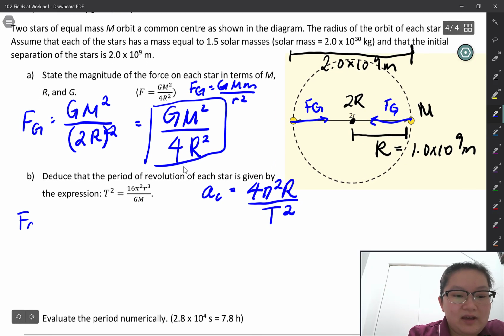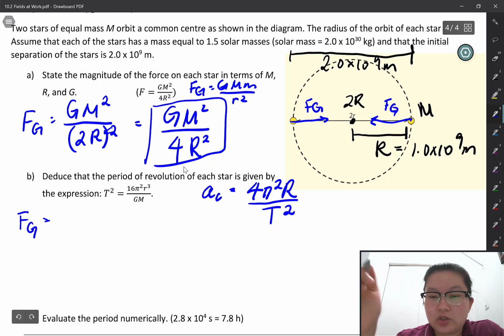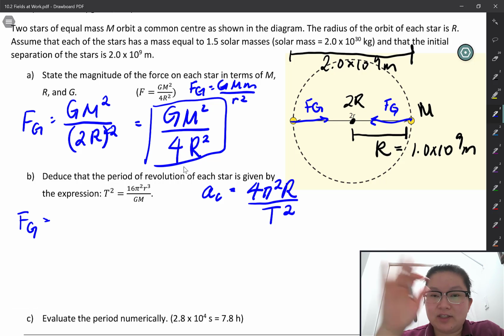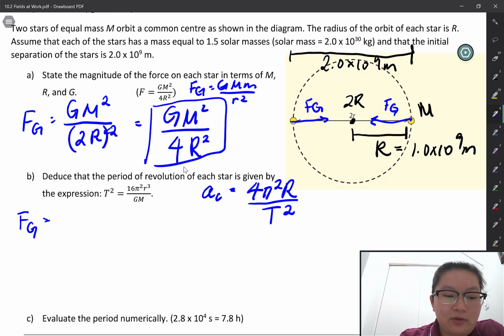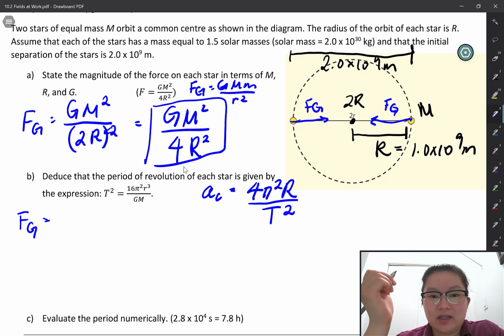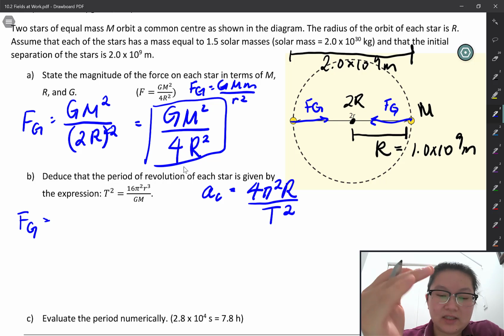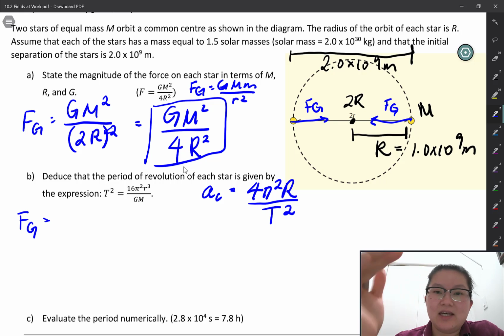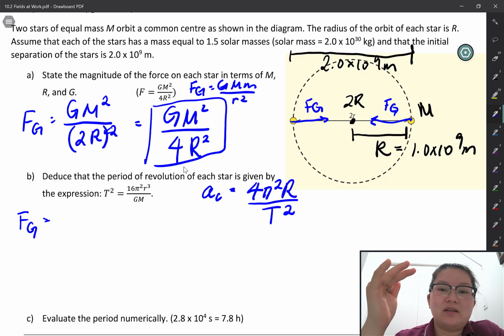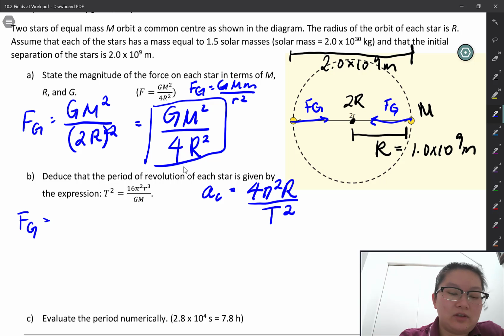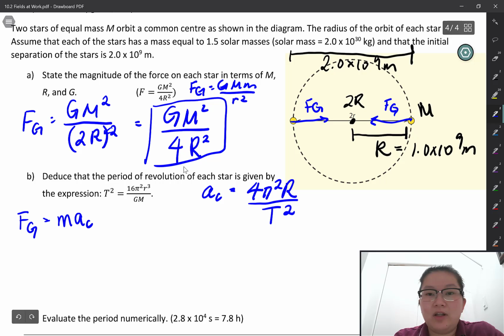So the force due to attraction is going to be equivalent to the net force acting on each of these masses. The gravitational force will provide the centripetal force, or the net force, needed to keep them moving in circular motion. And we know circular motion is mass times centripetal acceleration.